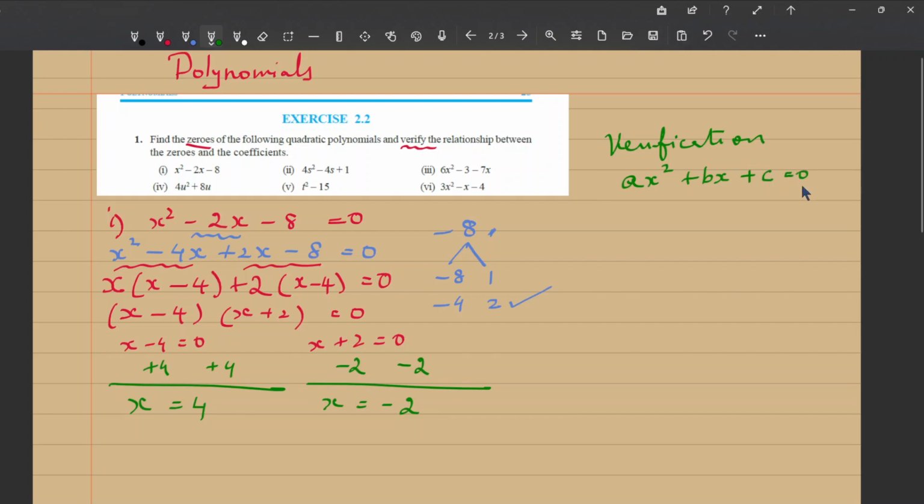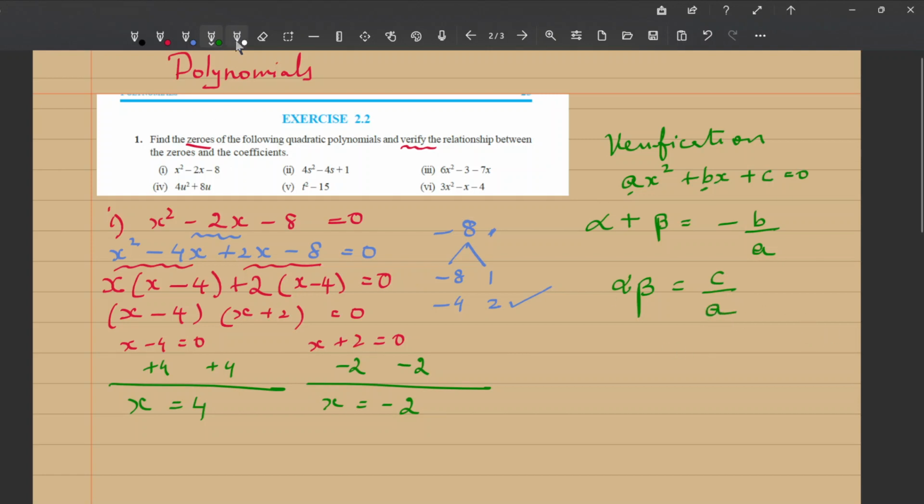If alpha and beta are the roots, their relationship to the coefficients is: if you add the roots, alpha plus beta, you get minus b by a, which is the negative of the coefficient of x by the coefficient of x squared. And the second relationship is alpha beta is equal to the constant term by the coefficient of x squared.